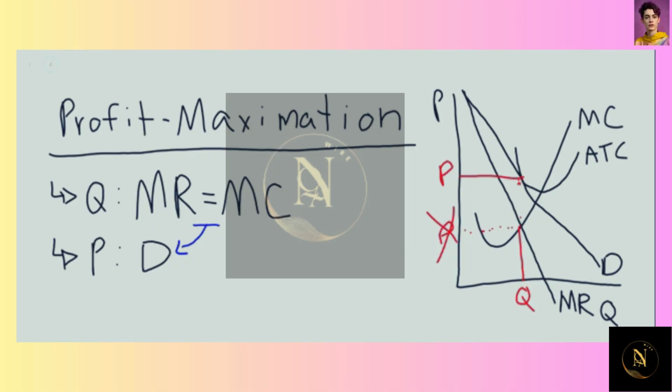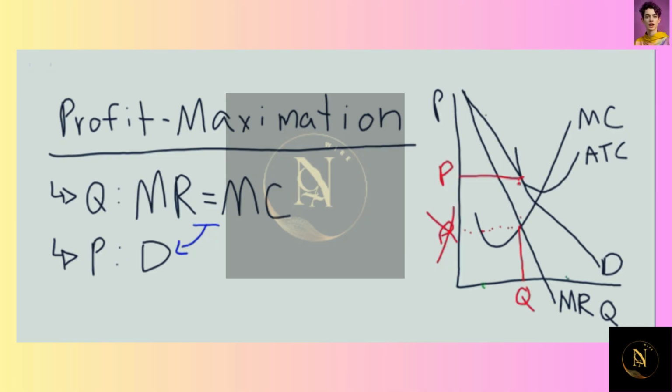So I think the first step to doing that is going to be by establishing something pretty important. So something that we should notice is that regardless of what quantity you produce, we're always going to charge from our demand curve. So if we charge a quantity like right here, we're going to charge this price.